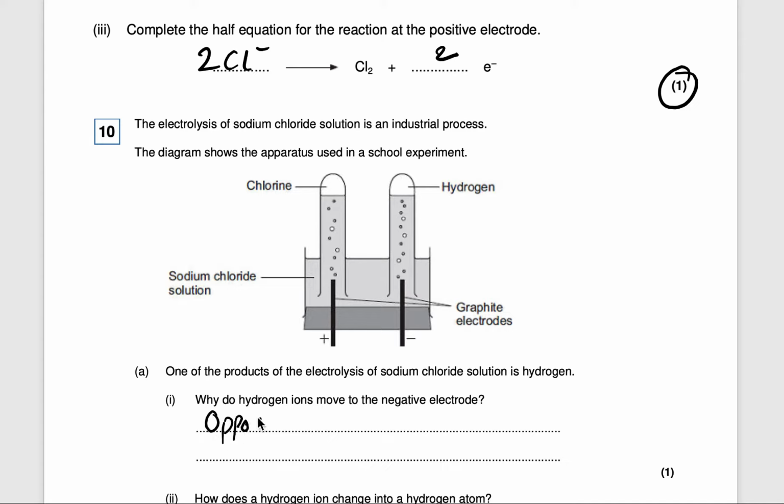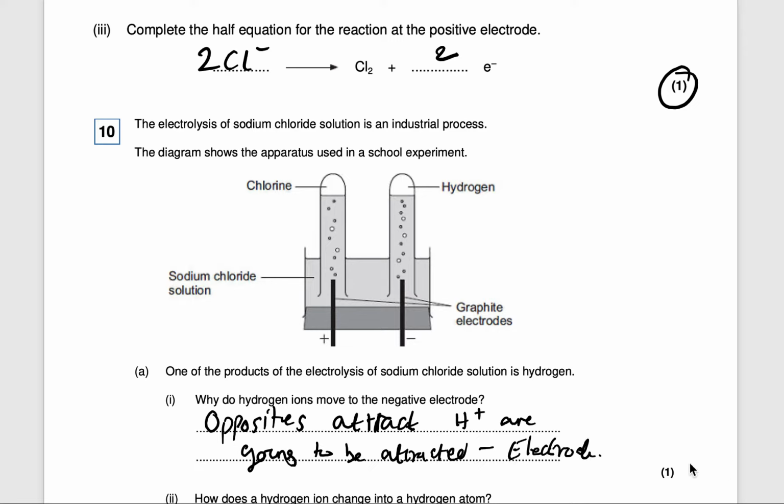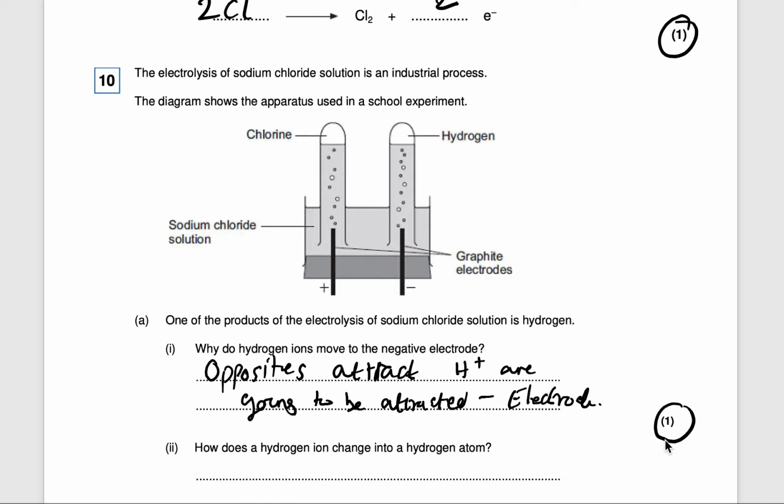Opposites attract, so the H+ ions are going to be attracted to the negative electrode. Okay, and that will get you 1 mark.